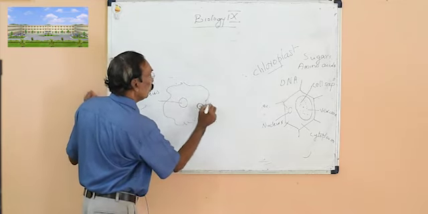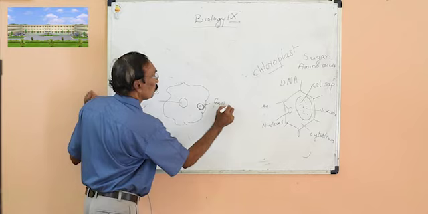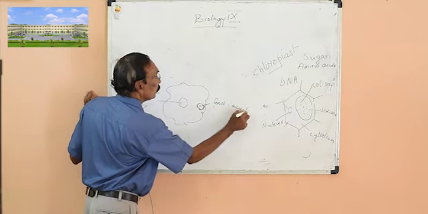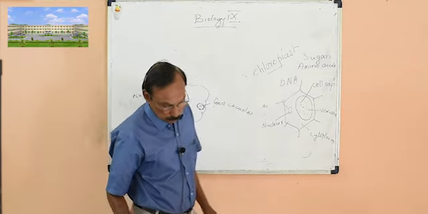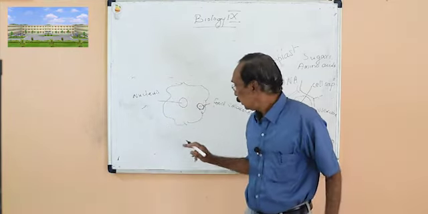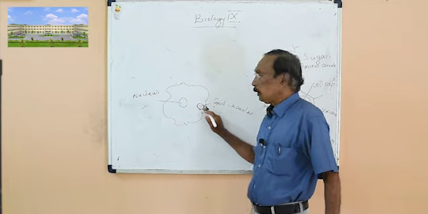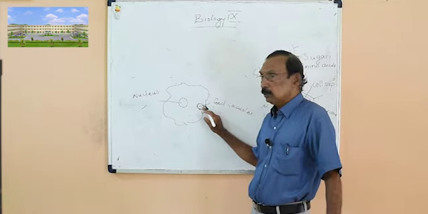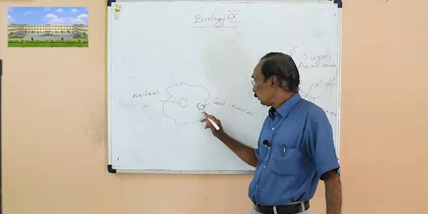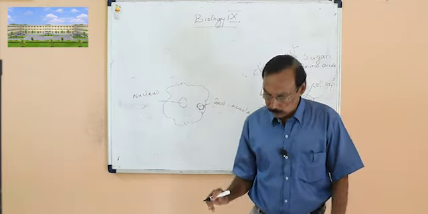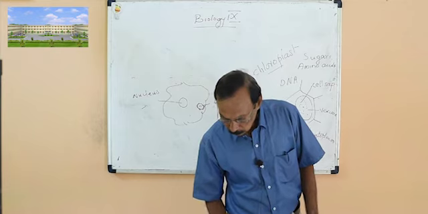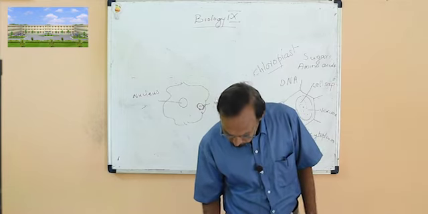This is called a food vacuole. Two types of vacuoles are there in amoeba: food vacuole and contractile vacuole. In the food vacuole the food is digested and the waste is sent out. The contractile vacuole is mainly for excretion, removal of waste materials produced in the cell.